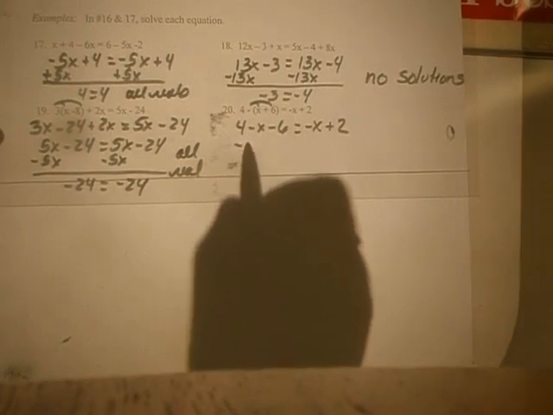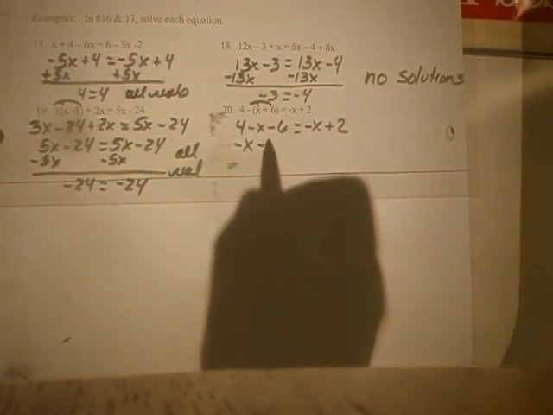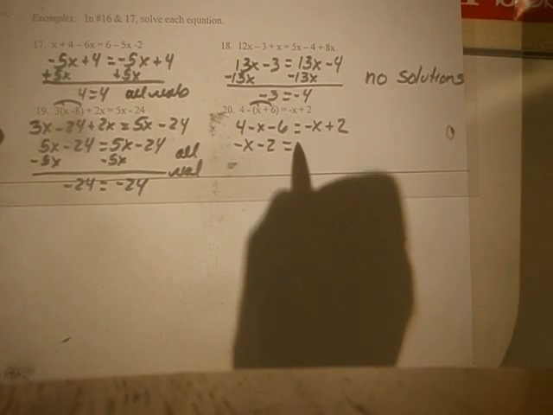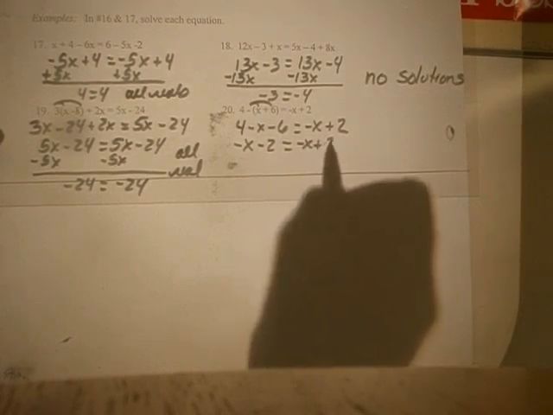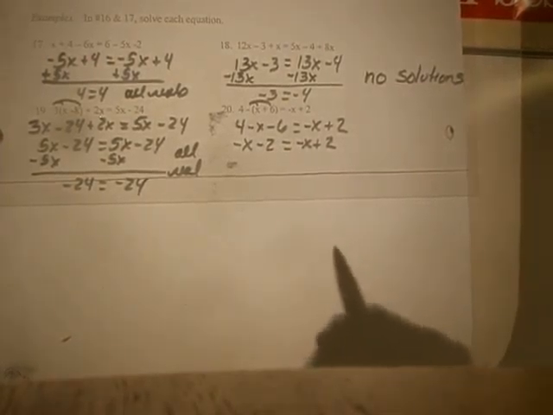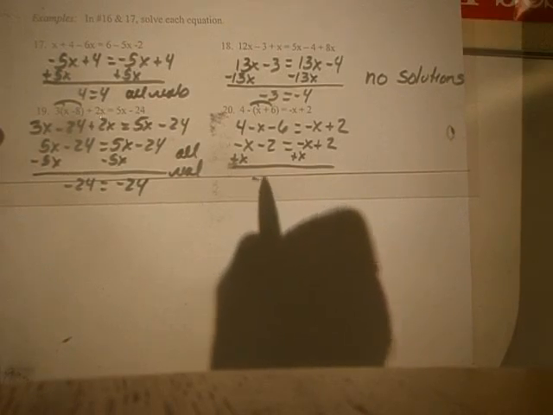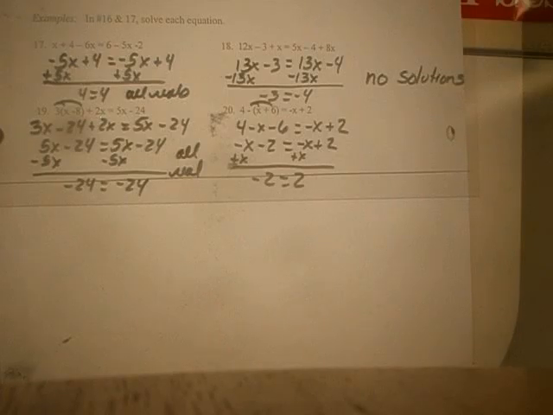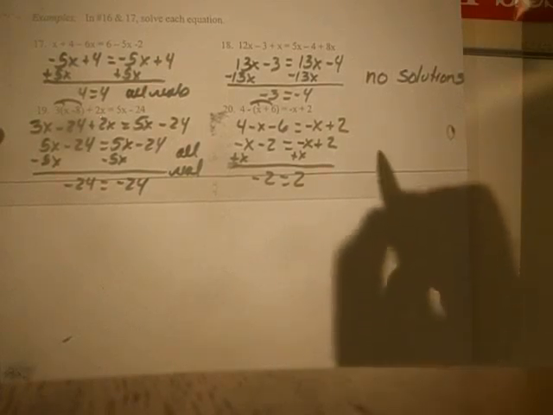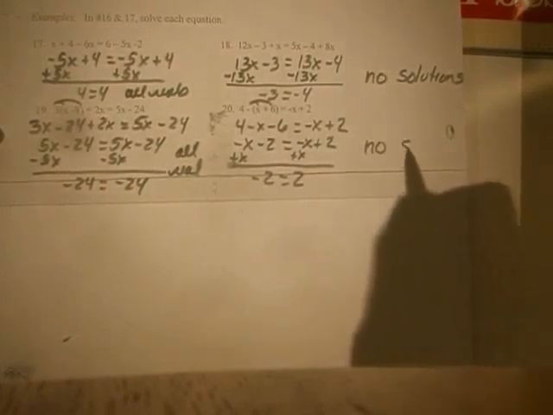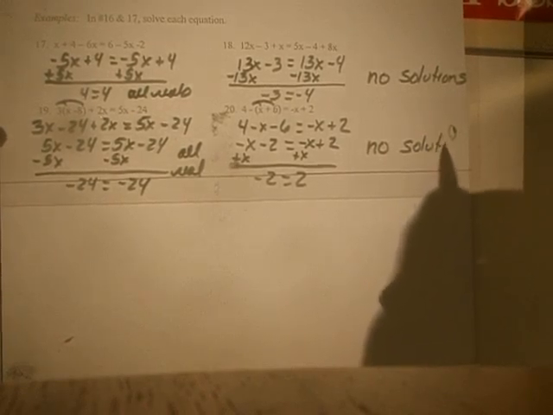Simplifying the left-hand side, you will have a negative x minus 2 equals negative x plus 2. When you add x to both sides, you are left with negative 2 equals 2. It's our contradiction. It's never true, so there are no solutions.